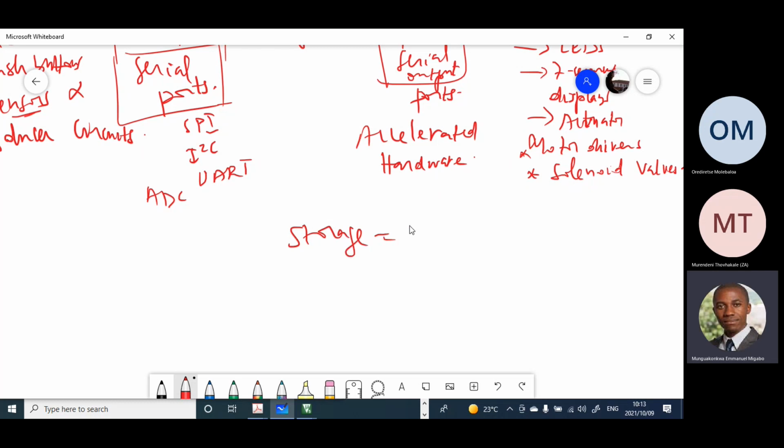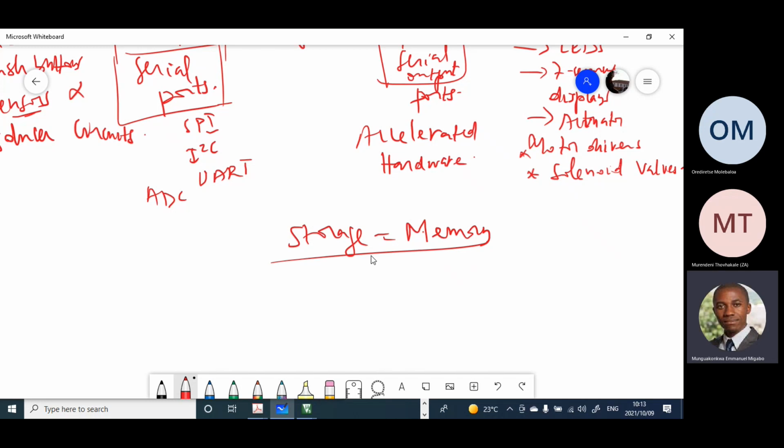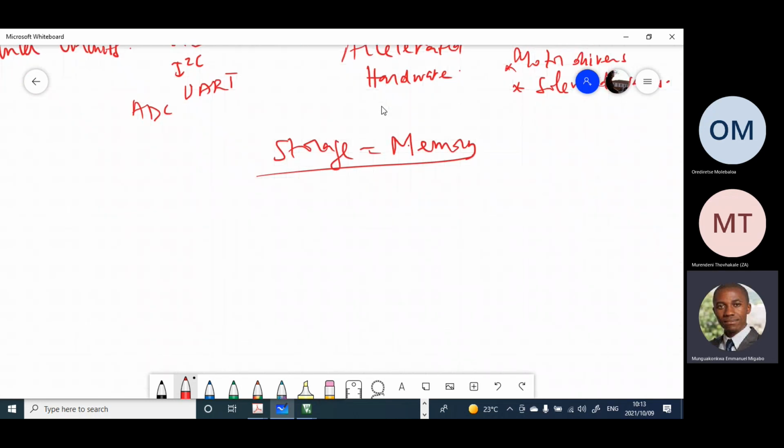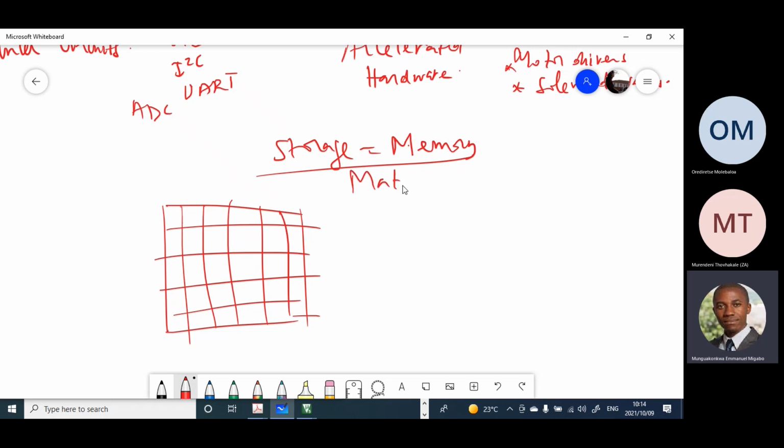which speaks to memory. Now, when it comes to memory, from the hardware design point of view, the memory of a computer system can be modeled mathematically as a matrix, whereby you've got columns and rows.